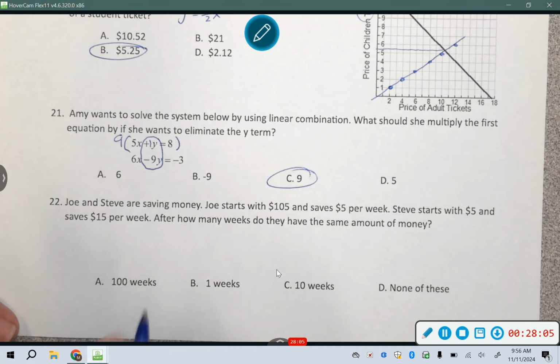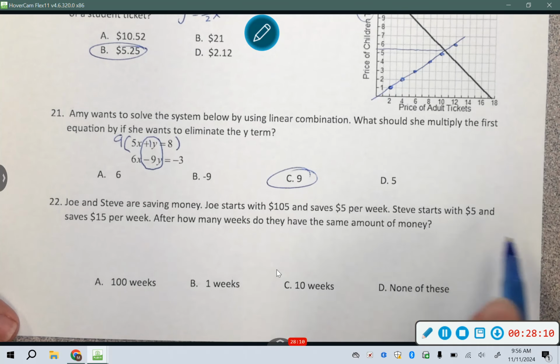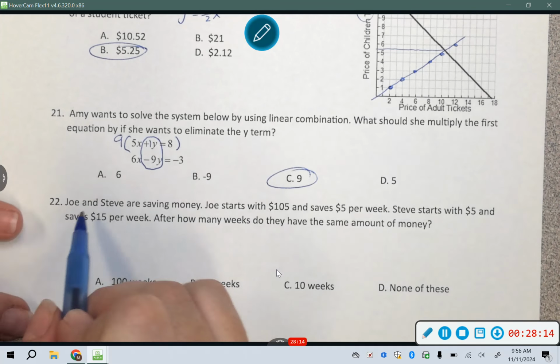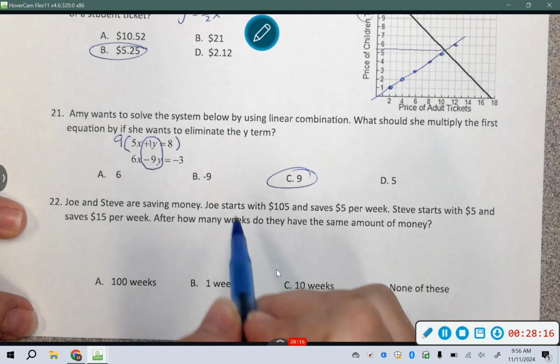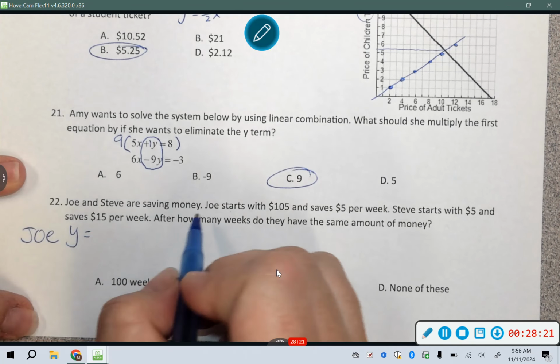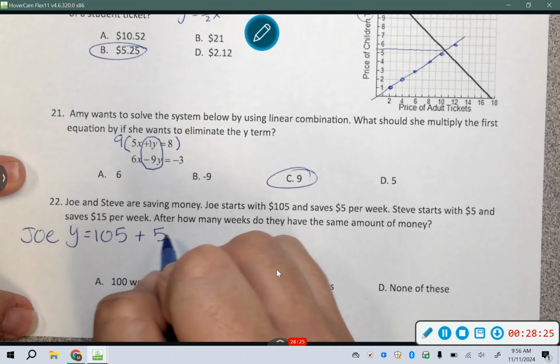Okay, 22 says Joe and Steve are saving money. Joe starts with $105 and saves $5 per week. Steve starts with $5 and saves $15 per week. How many weeks until they have the same amount of money? Well, these are y equals equations because I only have one unknown. So y equals, this is for Joe. Joe starts with $105 and adds $5 per week.